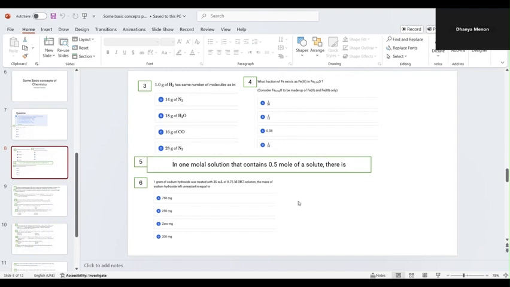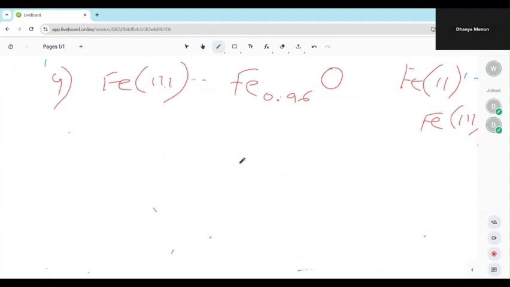Okay, so they have asked you the fraction of Fe3 plus. Now over here, students, these are the informations that they have given.